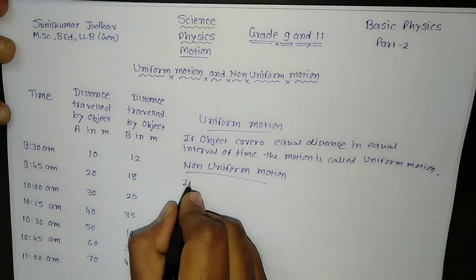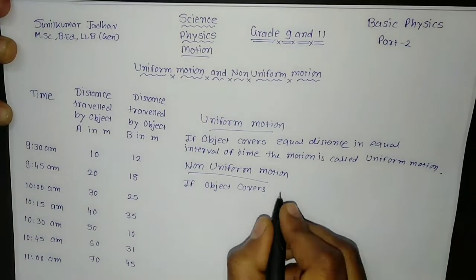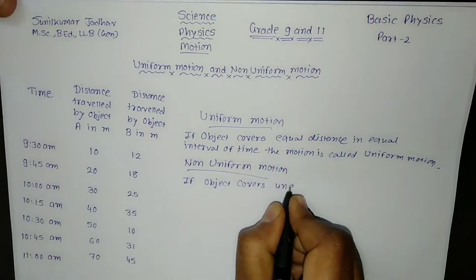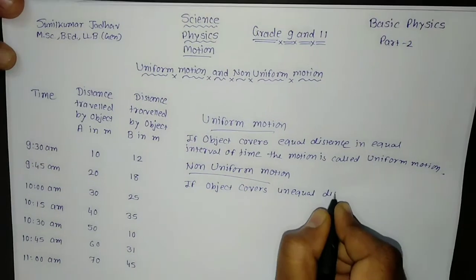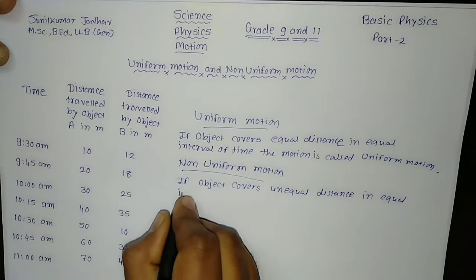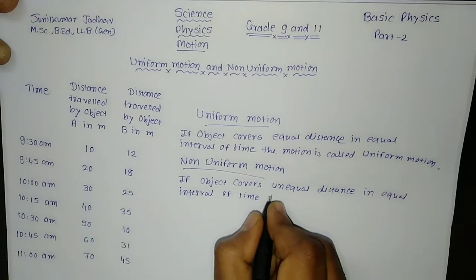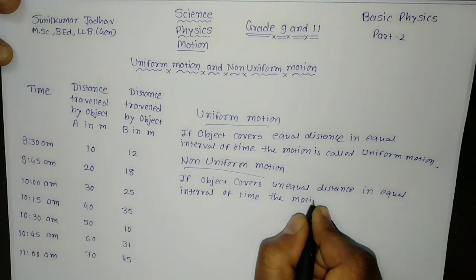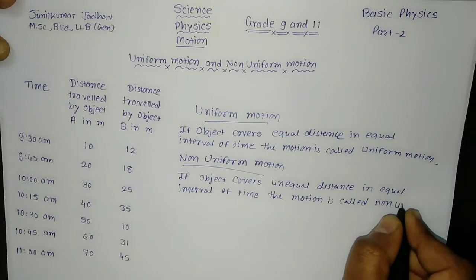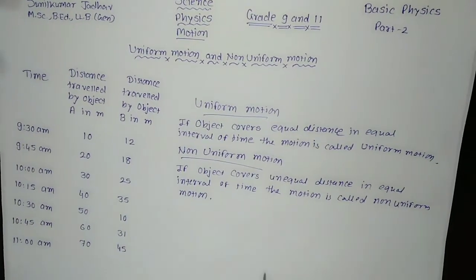If an object covers unequal distance in equal interval of time, the motion is called non-uniform motion. I hope it is clear what is uniform motion and what is non-uniform motion.